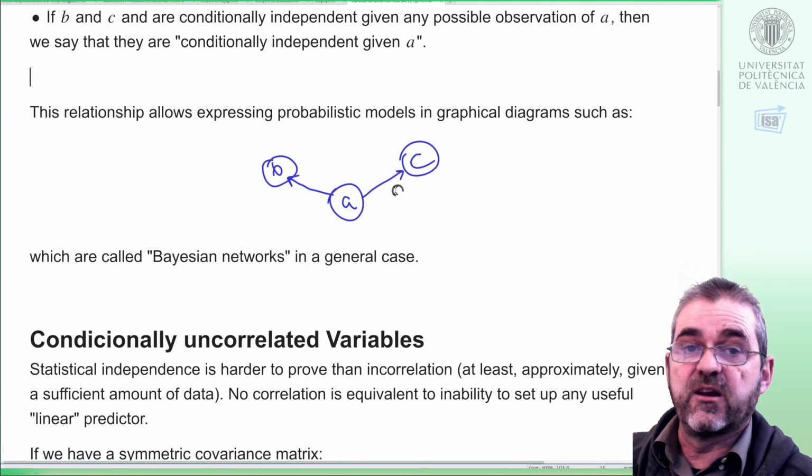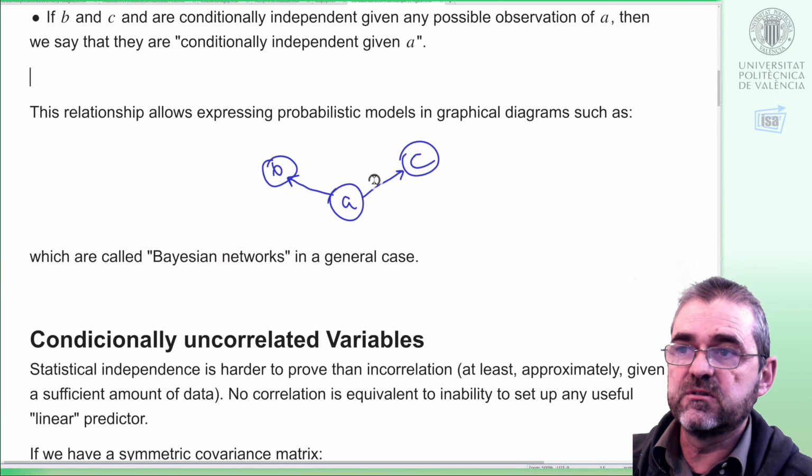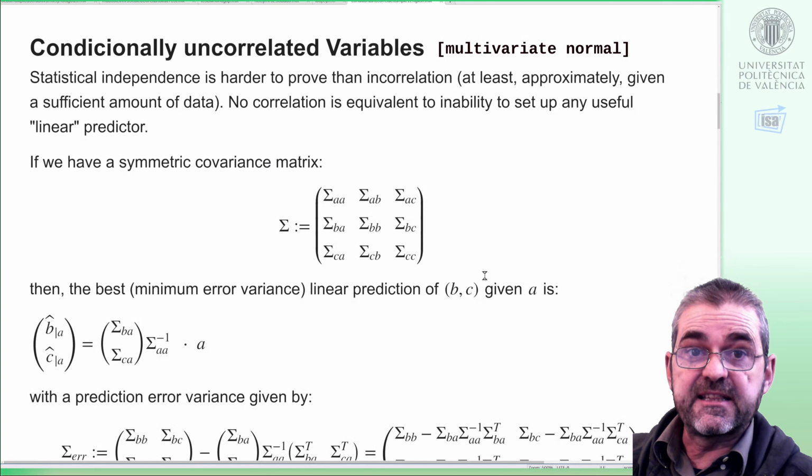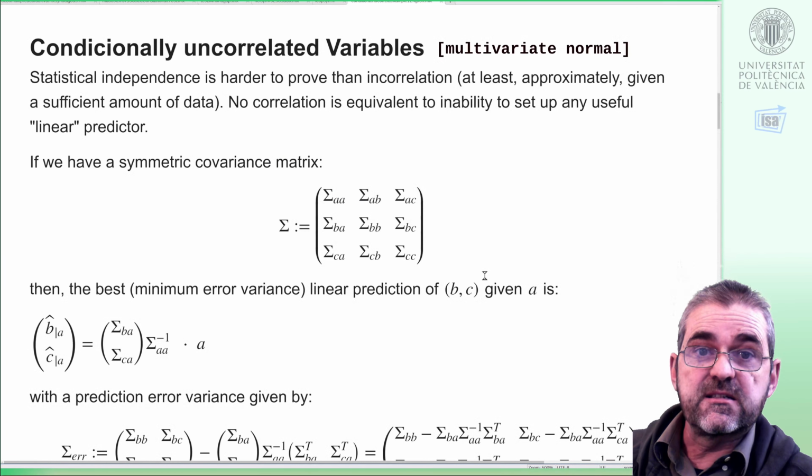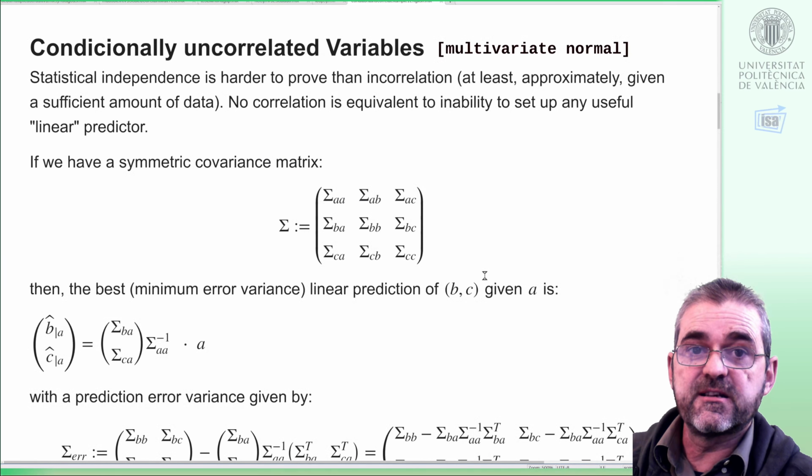Conditional independence allowed drawing some diagrams whose general form is called Bayesian network, so that we can express probabilistic models in a graphical way. However, at least in control, in many cases, we are interested in making linear predictions of some variables.